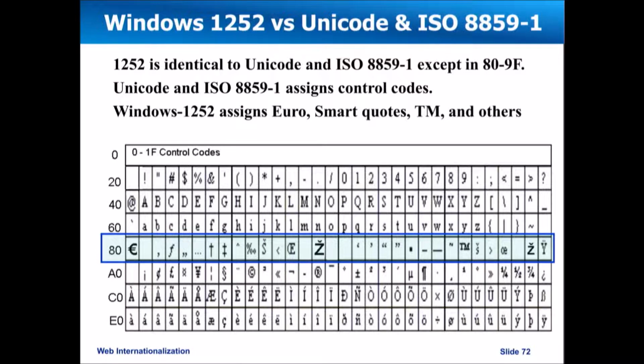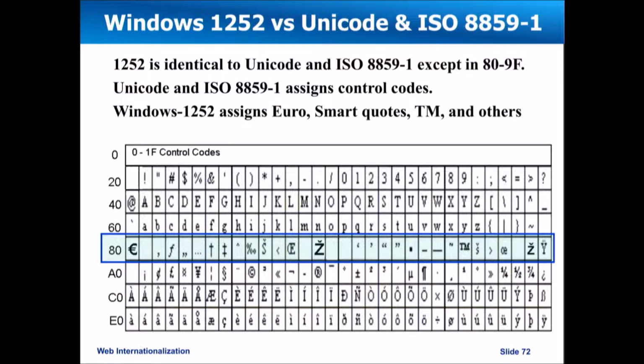And during the 90s, Microsoft added characters in this space, which in 8859-1 was control codes. So people think, well, the euro symbol is at hex 80. Well, Unicode encoded the original 8859-1 in the first 255 code points of Unicode. So that value represents a control character, as do all of these.